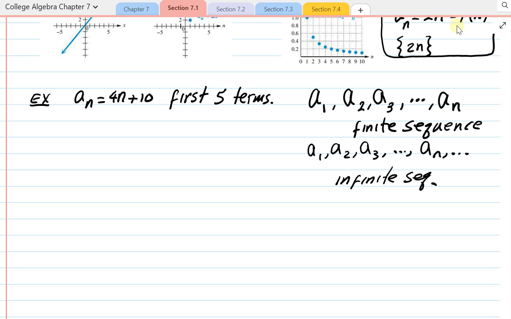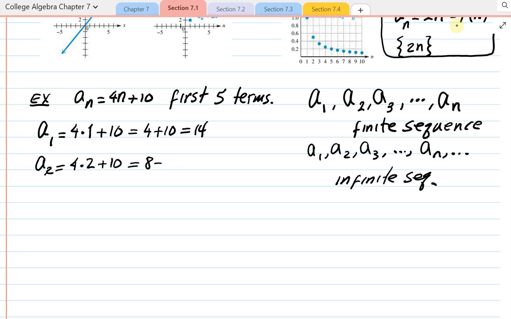So let's write out the terms of this sequence. So a sub 1, that's when n is 1. It's going to be 4 times 1, because 4n means 4 times n. 4 times 1 plus 10, and that's going to be 4 plus 10, 14. That's the first term. For the second term, n is now 2. So we're going to go 4 times 2 plus 10, and that's going to be 8 plus 10, or 18.